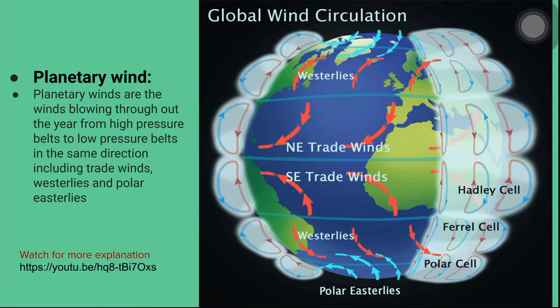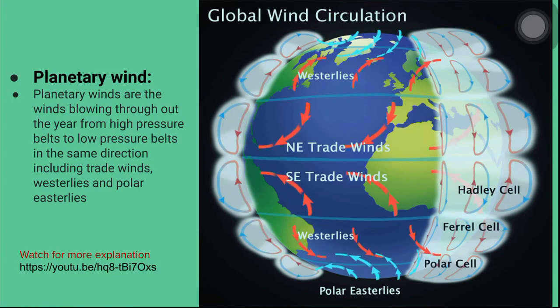Because of the tilt of the earth, when wind blows from the north pole toward the equator, its direction is deflected to the right, and in the south pole the direction of the air is deflected to the left, because it is moving toward the equator.